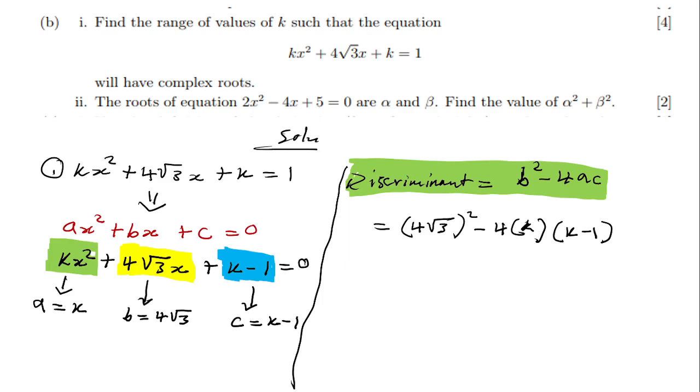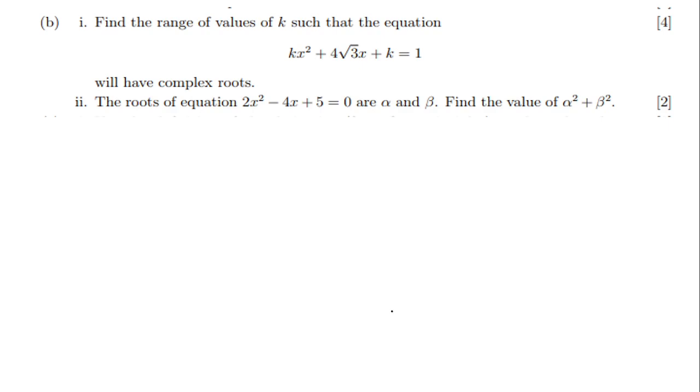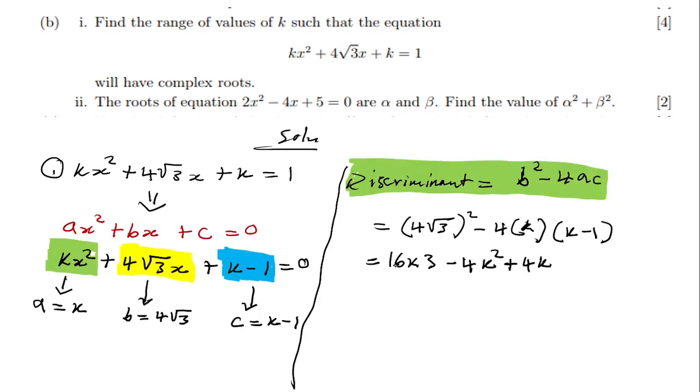But one thing that you need to understand is that 4 square root 3, this to the power 2, is 16, and then 16 times square root 3 squared is simply 3, and then you're going to say minus 4k times that one, it is 4k squared, minus 4k.